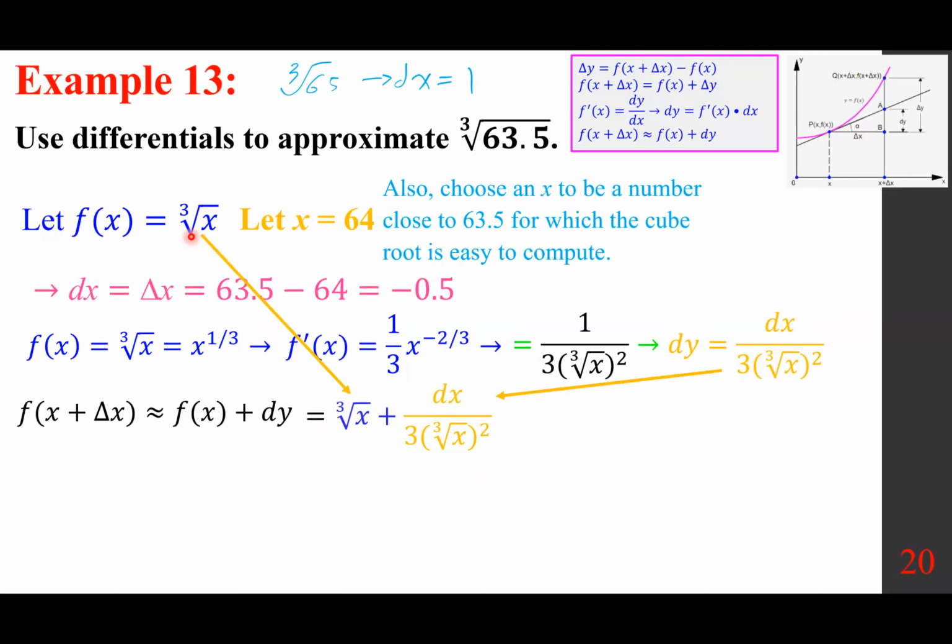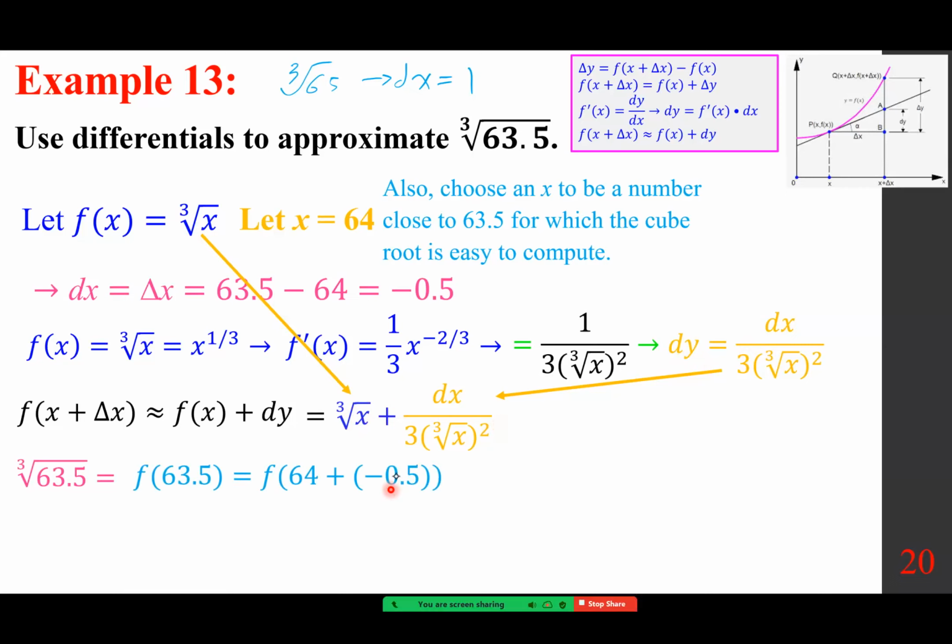This is the function. This is the dy we found here, okay? And so with that being the case, what is the cube root of 63.5? It's f of 64 plus the dx. dx happens to be negative, and I can't emphasize the importance of it being negative 0.5. It is extremely important, everybody.